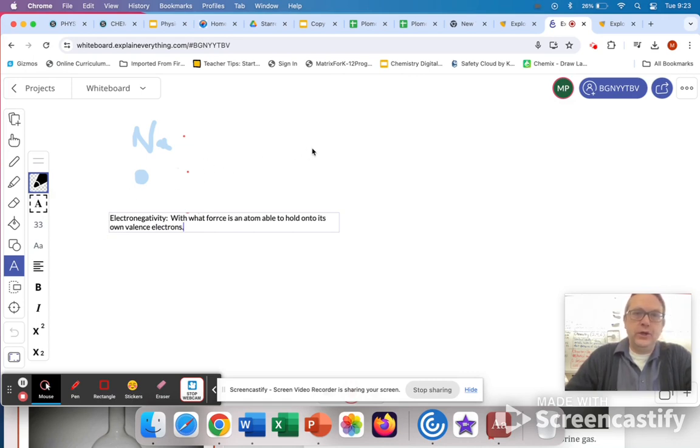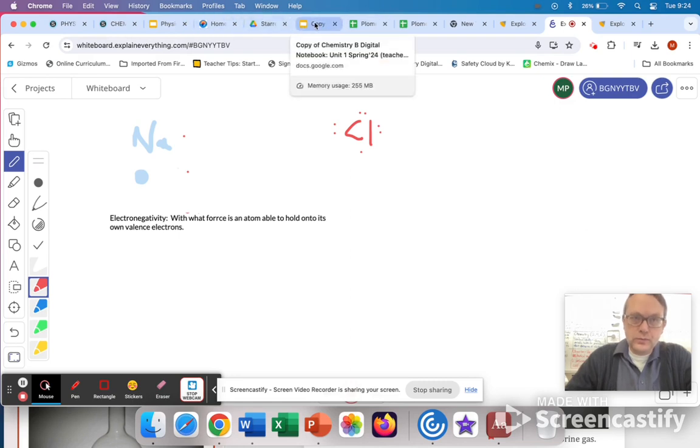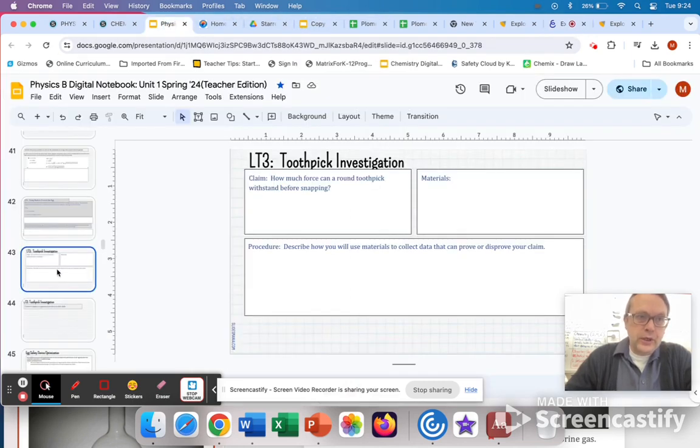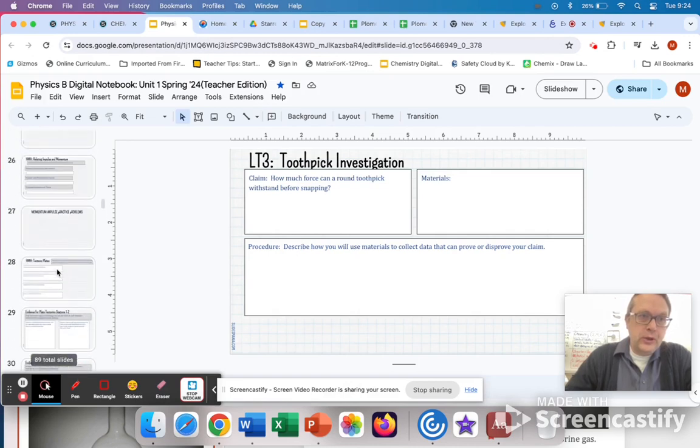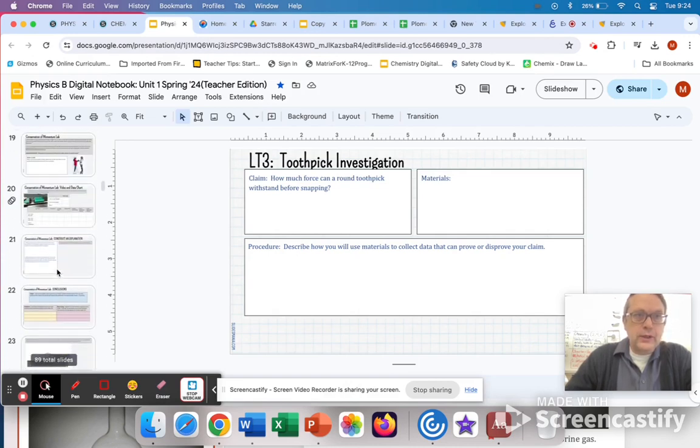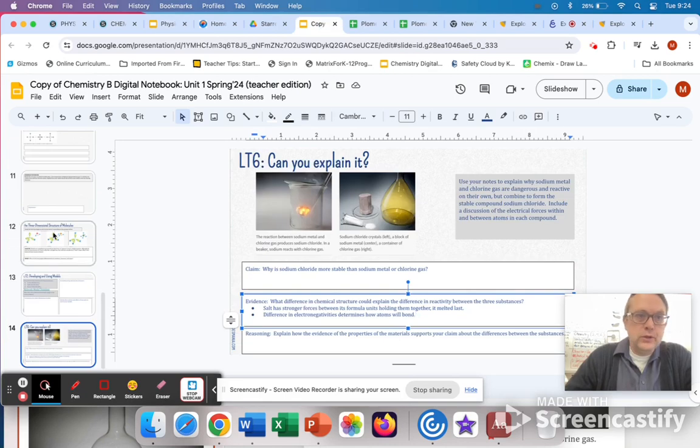And for an atom like chlorine, with almost a full octet of valence electrons, this has a higher electronegativity value. So we looked those up on our periodic table in our book. Wrong class.